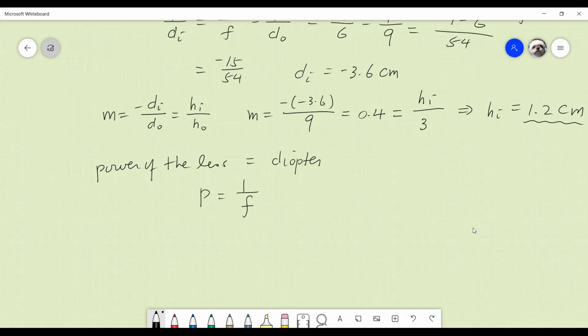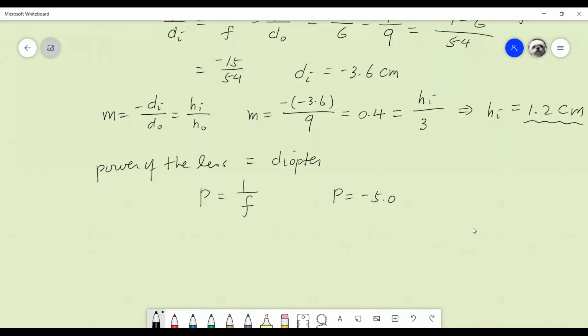Now, what is a common prescription? No one wants to tell me a prescription. Let's say your power is -5. If you buy a contact lens, you see the negative sign. Then I can tell the focal length of your contact lens.